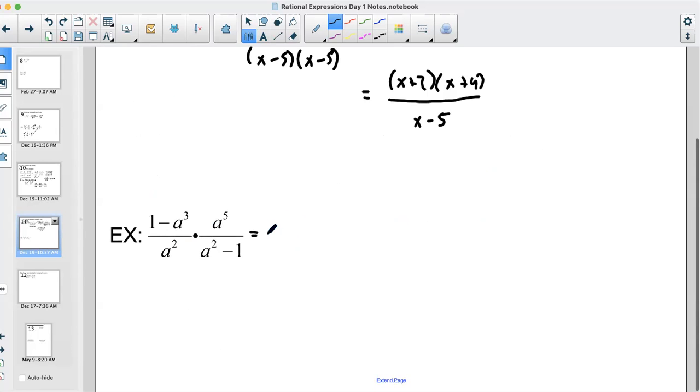This one we're going to do in a similar fashion, but you may recognize this guy as the difference of cubes. That was a factoring pattern we saw earlier. We used this mnemonic device, SOAP, to remember how to factor that.